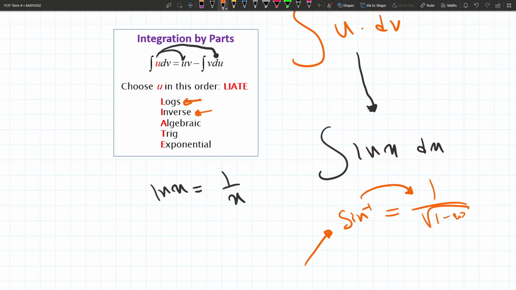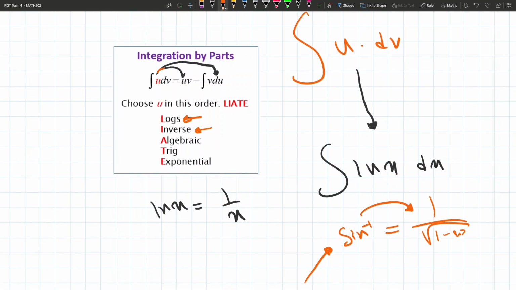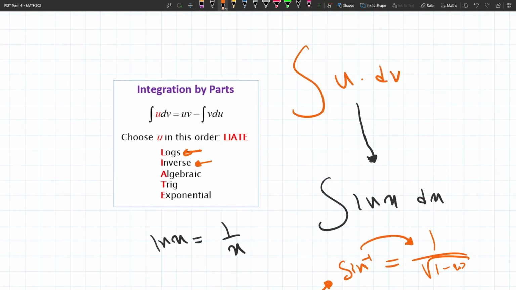because, as I said, you're trying to differentiate the hard part, because that's the thing that's stopping you from solving the integral. So you want to do the inverse first, because you know the differentiation of the inverse function. Now, as I said, we want to simplify the equation. So we choose algebraic.